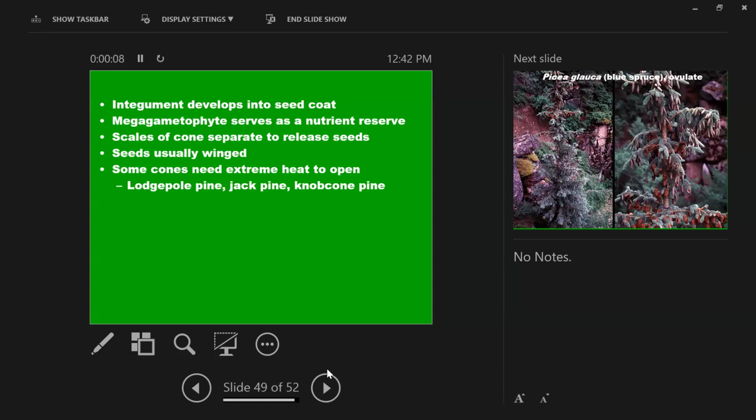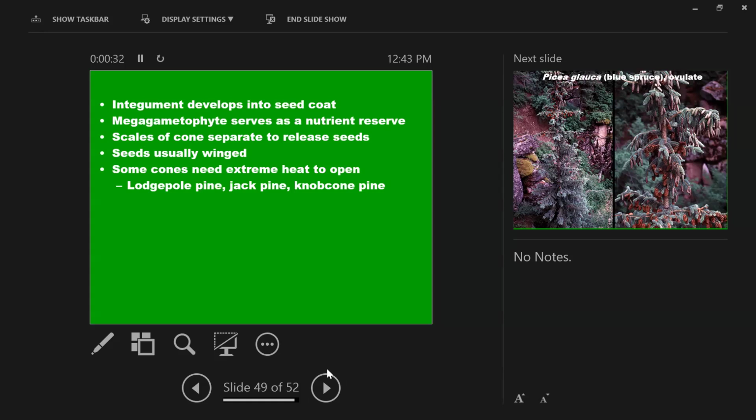So here, the integument surrounding the megagametophyte thins out but toughens up, becomes seed coat. And it's the megagametophyte inside the seed that serves as the nutrition source. And then cones, remember cones can seal up and open up at different stages.